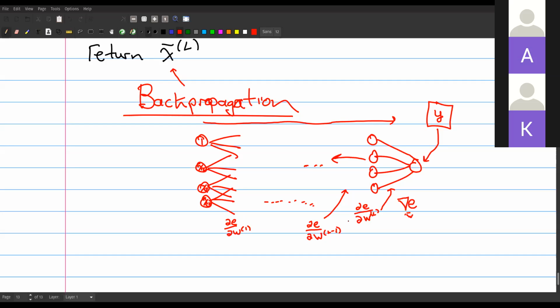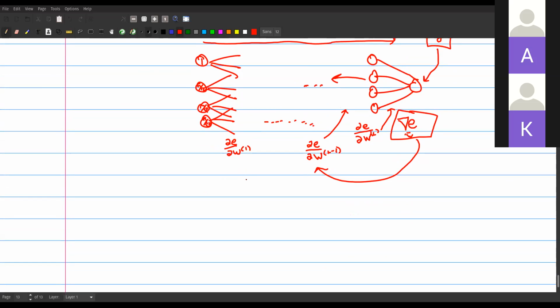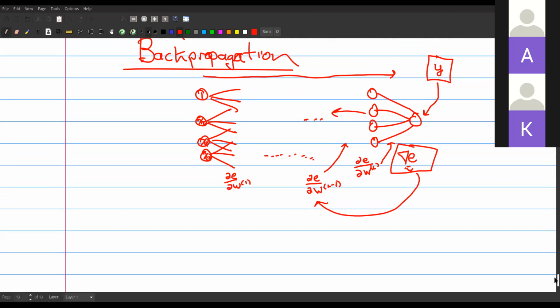These things together are the pointwise gradient for the entire parameter vector. It's just the list of these derivatives for these matrices. We'll give more details about that in just a second, but this is basically how it works.